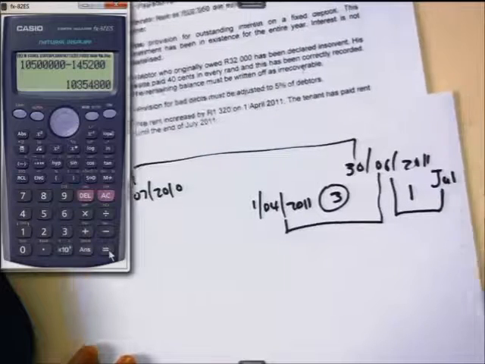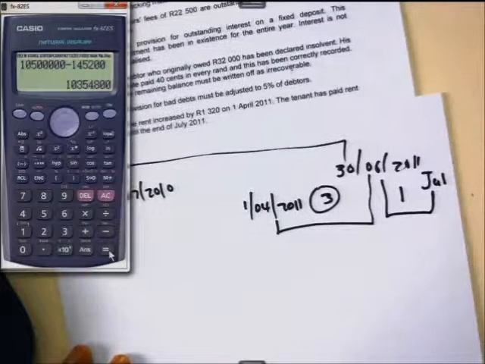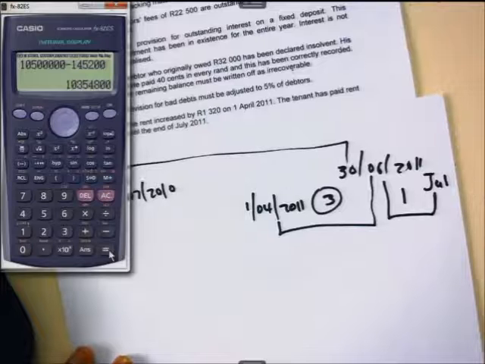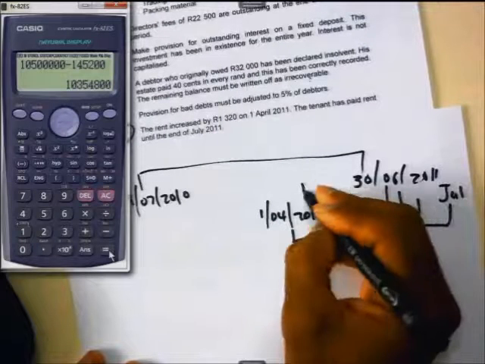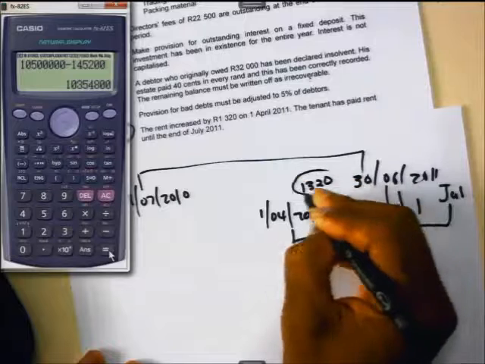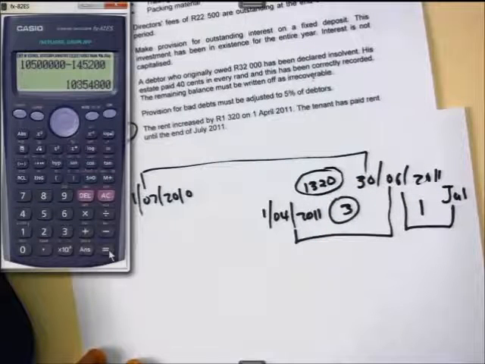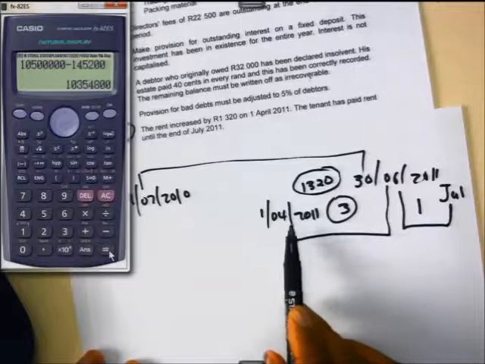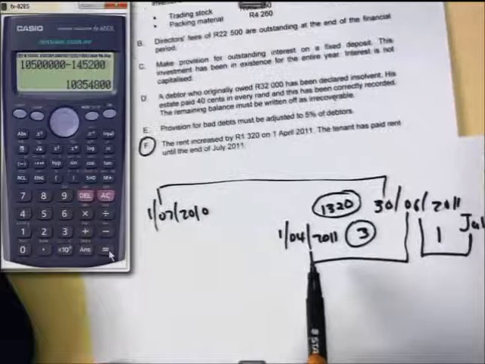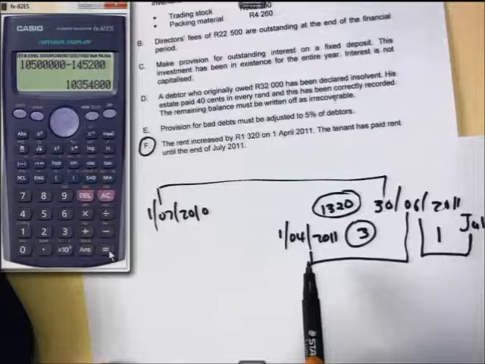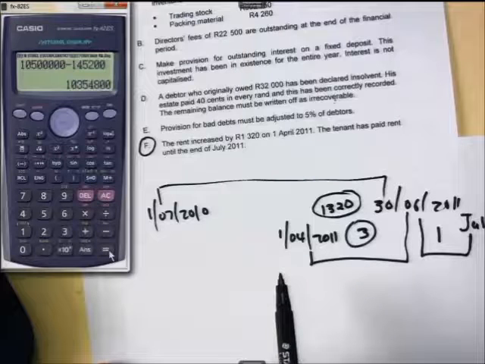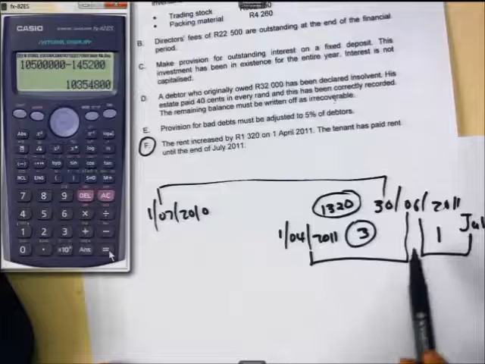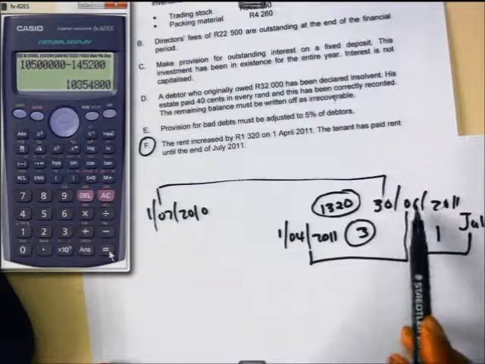So we have a rent that increased by 1,320, but not for the whole year. It increased only from the 1st of April 2011. Remember our accounting period ends on 30 June 2011.